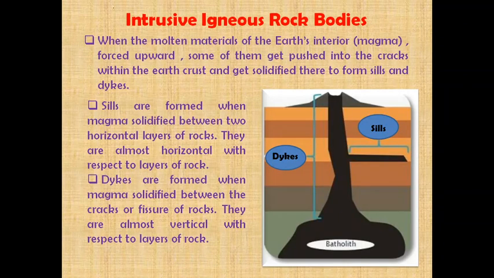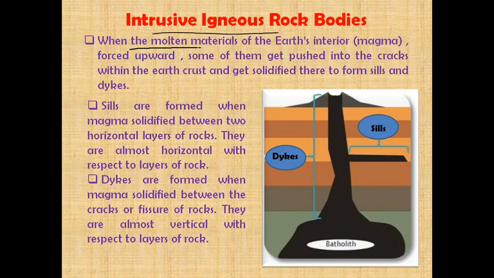Intrusive igneous rock bodies. In the interior part of the earth, the solidification of molten rock material takes place in between different cracks or fissures, and as a consequence we have intrusive rock bodies. That means the magma solidifies in different shapes.